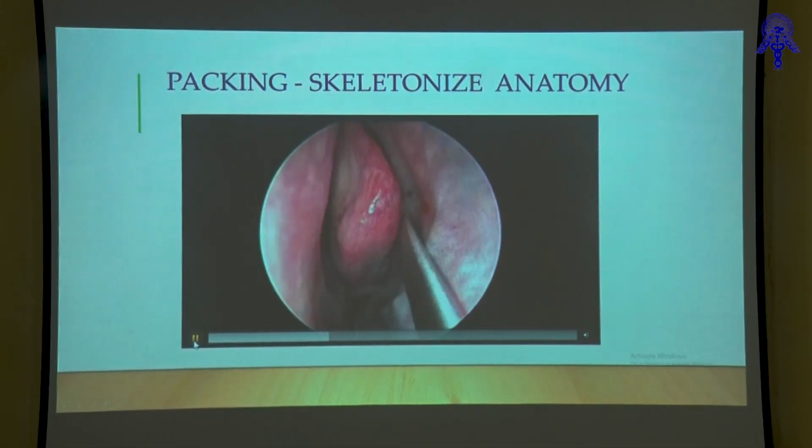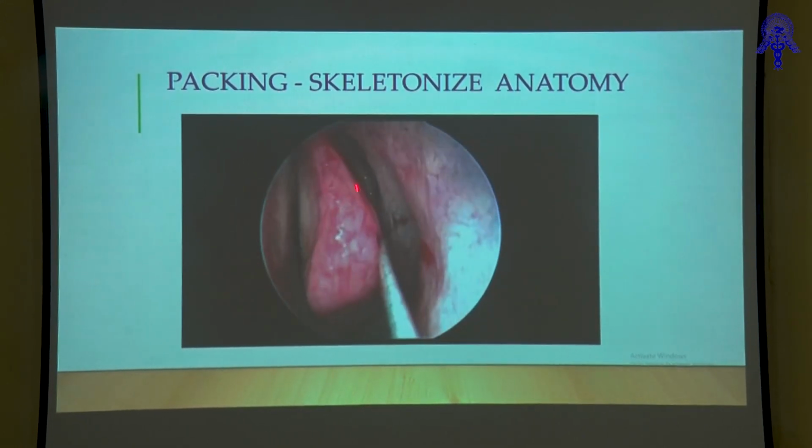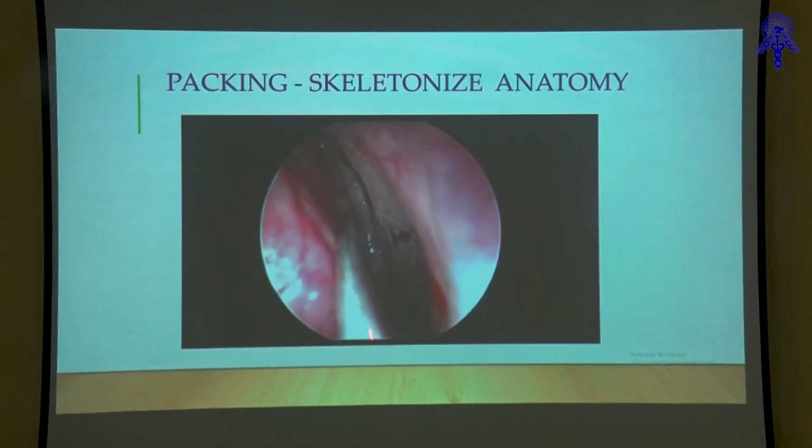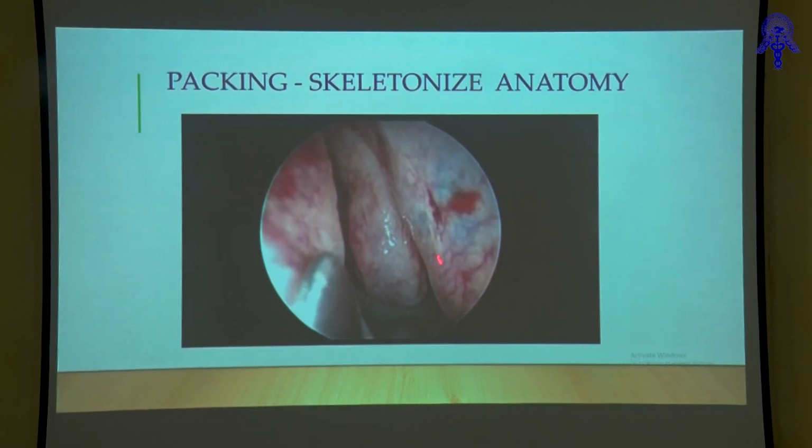As you can see, this is the left nasal cavity. We are going through the osteomeatal complex of the left side, identifying the bulla, the uncinate process, the free edge of the uncinate process, and the space between the bulla and the uncinate is the hiatus semilunaris inferior, which leads to the infundibulum.